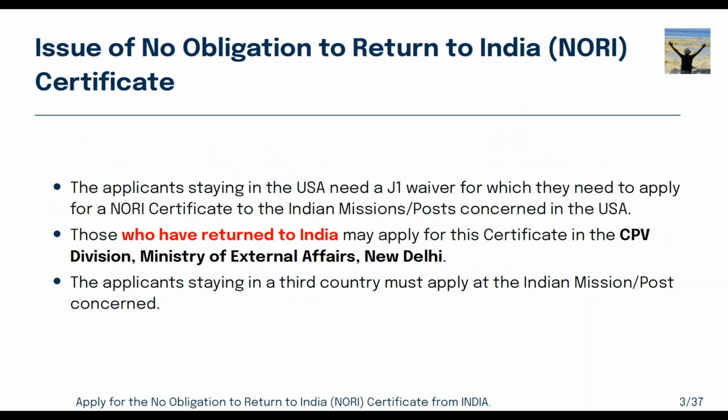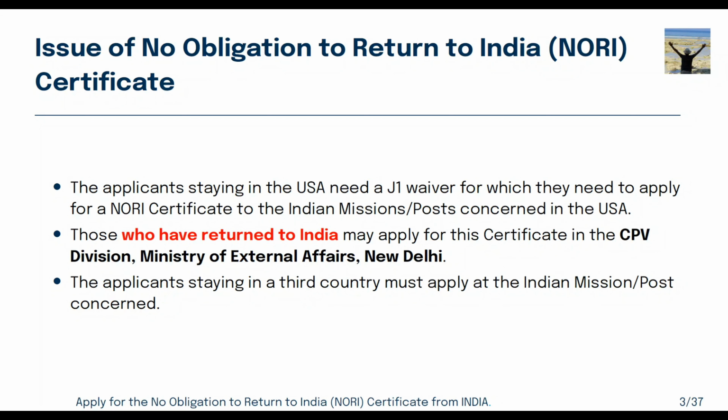In the first scenario, if you are still in the USA and working on J1 and want to do the waiver, you can do it through your Indian embassy in the USA. In the second scenario, if you have returned to India and want to apply for the waiver process in the USA, then you can do it using your Ministry of External Affairs in New Delhi.